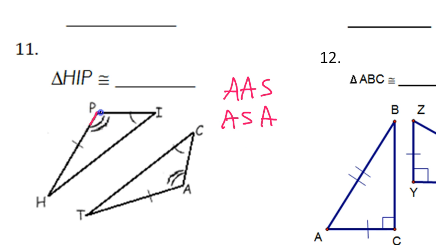Here we have the angle and another angle. Now, is the side that's marked between the two angles? No. This would be the side that's between them, but that's not the side that's marked congruent. So what we have is two angles and the non-included side. That's angle, angle, side.